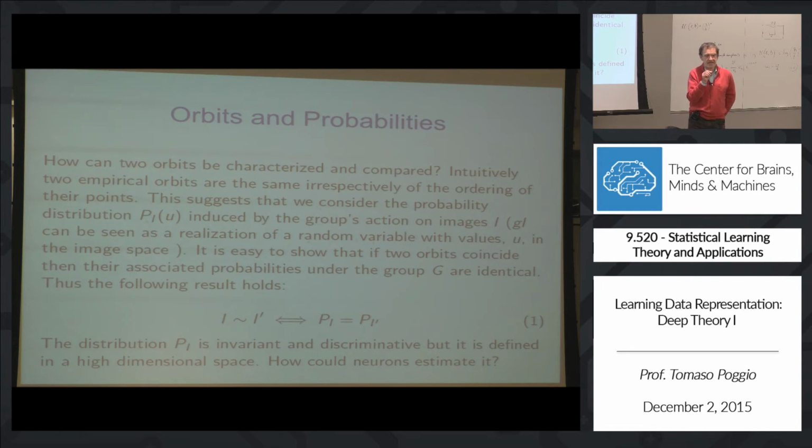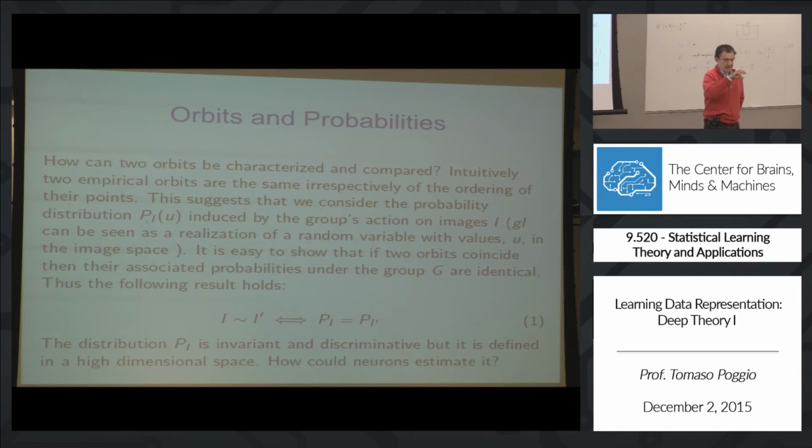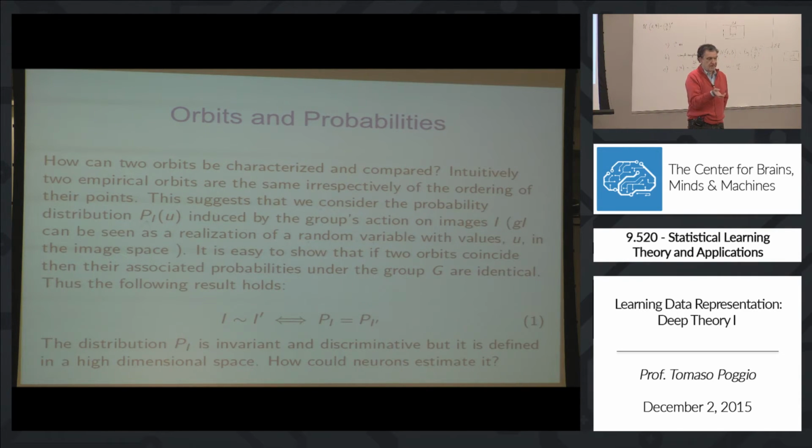And I'm saying that the orbits are equivalent to the probability distribution induced by the group of the image. So it's the probability of the image. This means that you can think of it as the probability that pixel 1 has this value, pixel 2 has this other value, and pixel 3, and so on, for all the 1 million pixels.